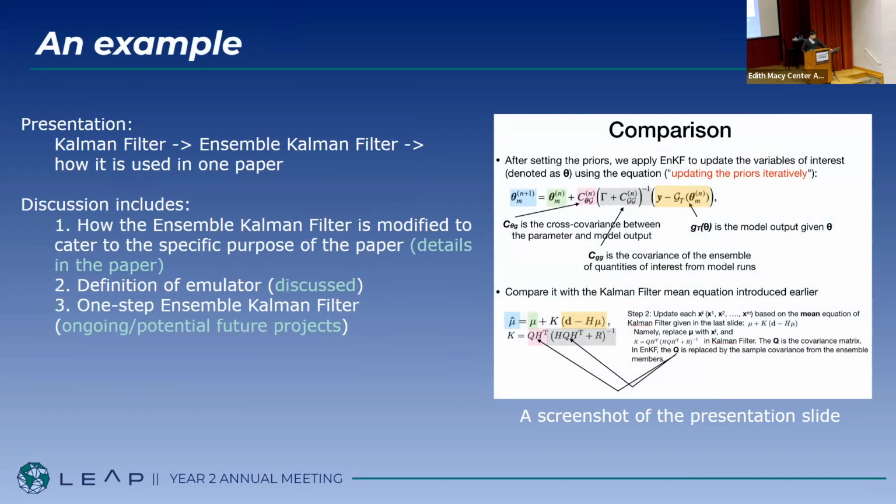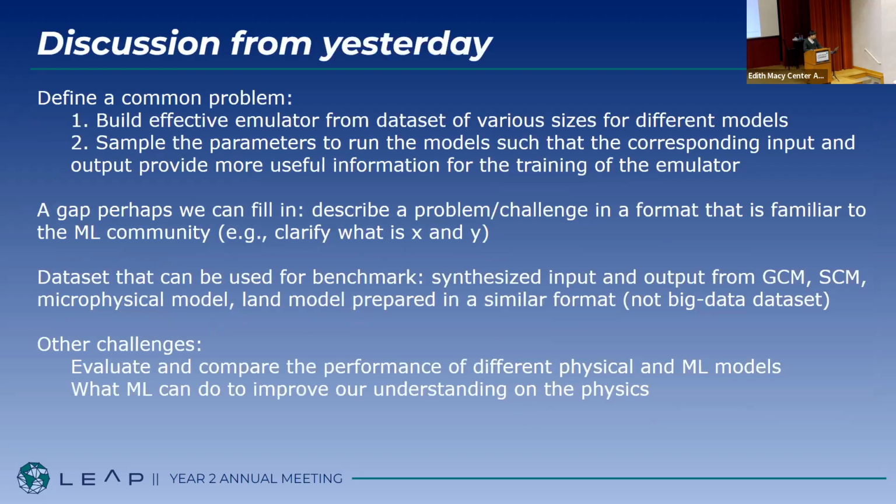We try to mark the connection, which is something that sometimes they use just one sentence for in the paper. The discussion points include sometimes the details in the paper, sometimes a clarification of a concept, and so on.